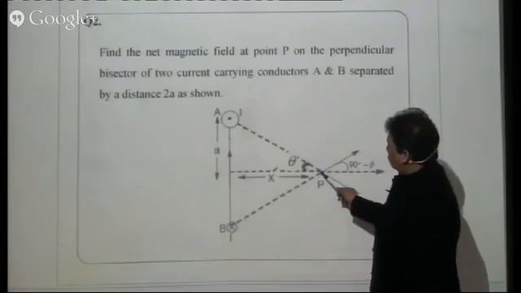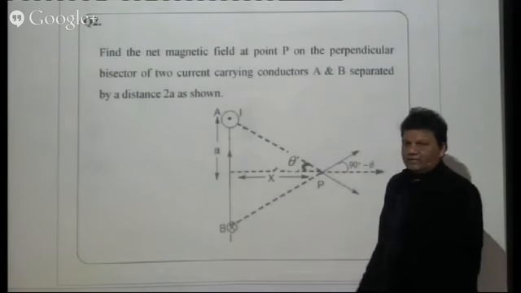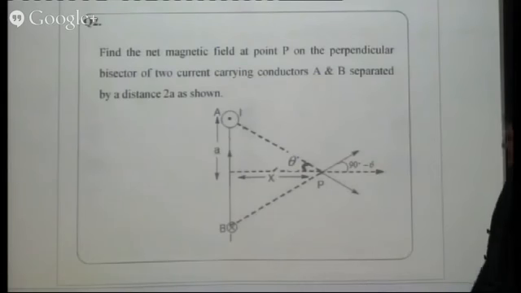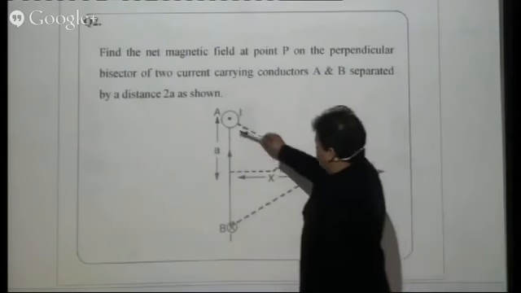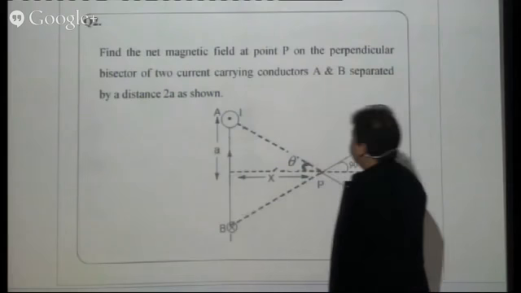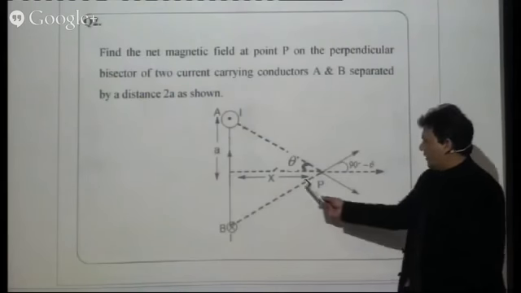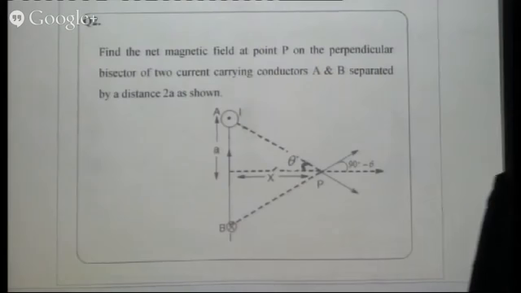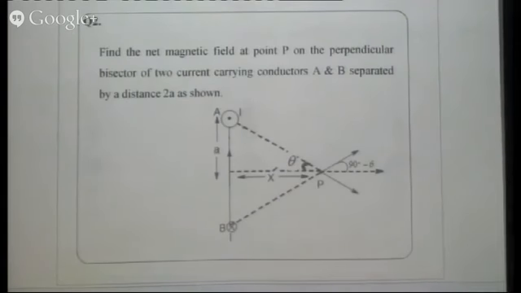We want to find the net magnetic field. The distance between these two conductors is 2a. This is a, this is a. If I were to find out at a distance x, what would be the net magnetic field at P?